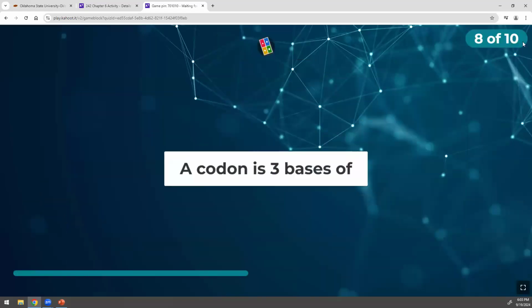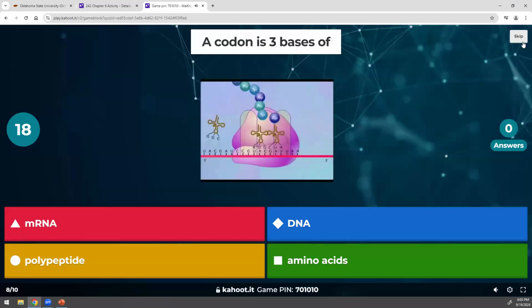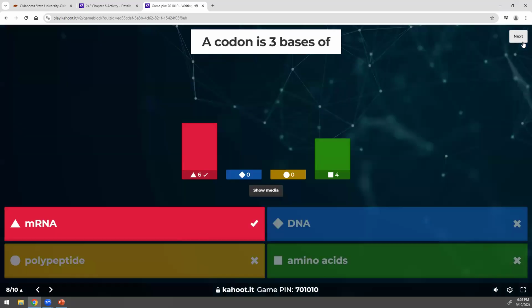All right. A codon is 3 bases of what molecule? Where's that codon itself? I'm going to circle those in different colors so you can just have visual separation. That stuff will stress me out. All right.